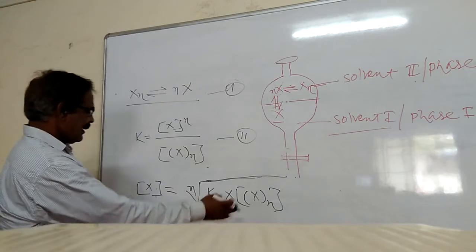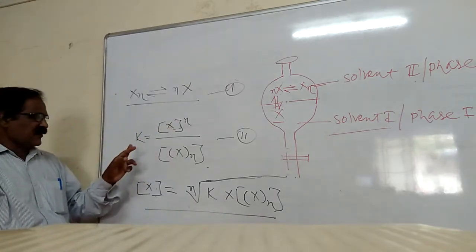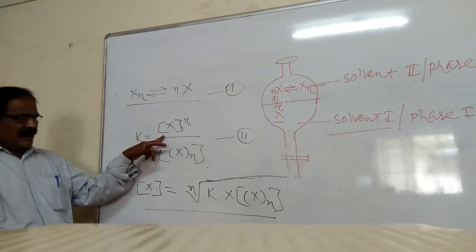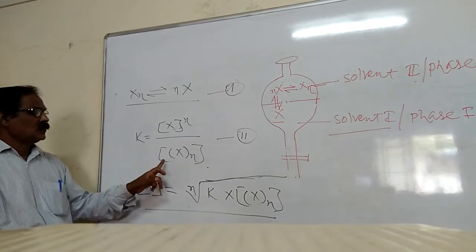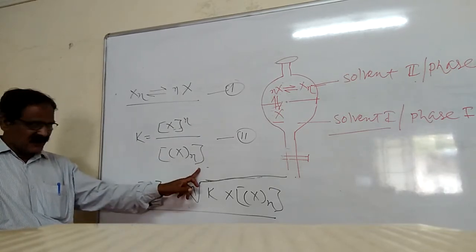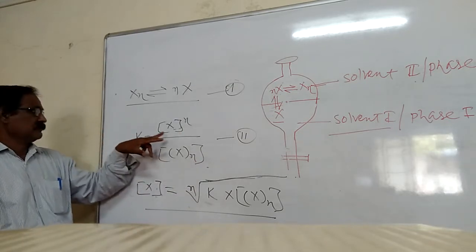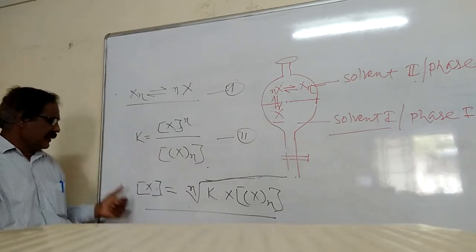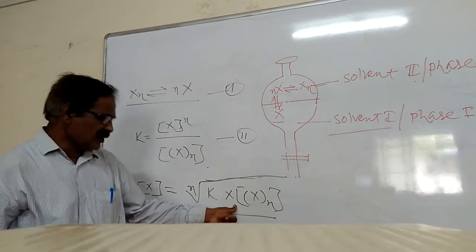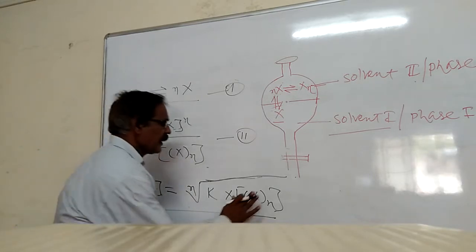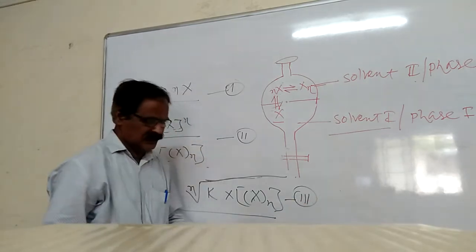Hope you understood how we got this expression. When we rearrange, X to the power n will be equal to K into the concentration of the associated species, and taking the nth root, we get X equal to the nth root of K times the concentration of Xn. Let us suppose this is equation number 3.